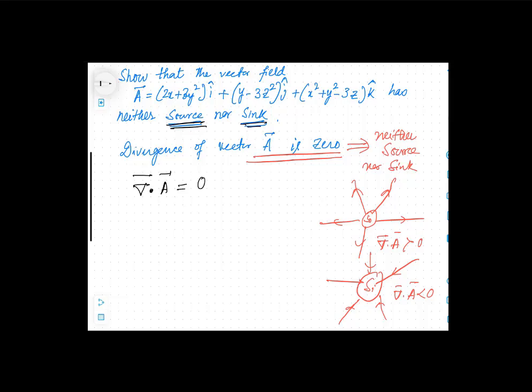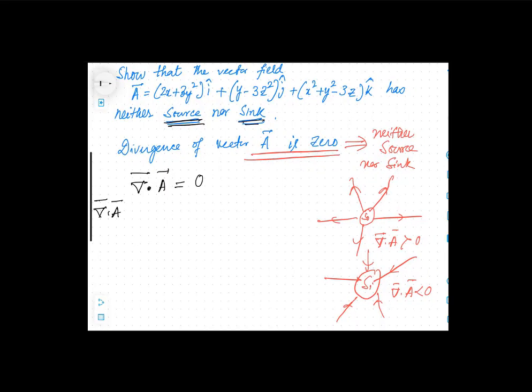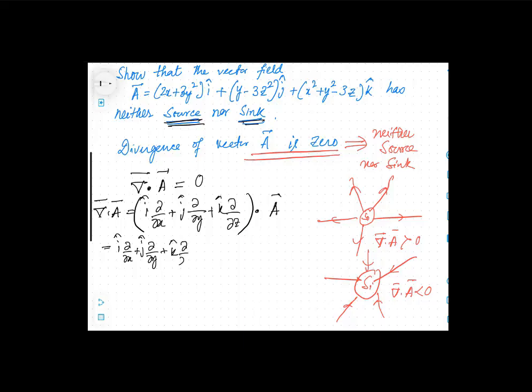First I write divergence of vector A, which is the operator i del del x, j del del y, k del del z dot vector A. So what is vector A? I repeat again, i del del x plus j del del y plus k del del z. So this is the operator, and dot vector A.